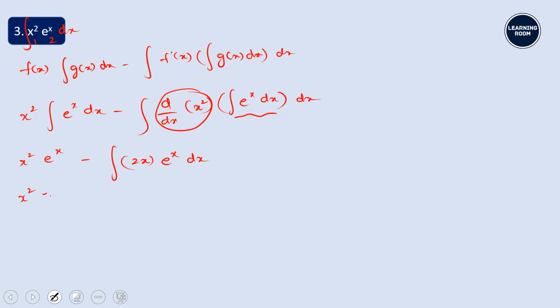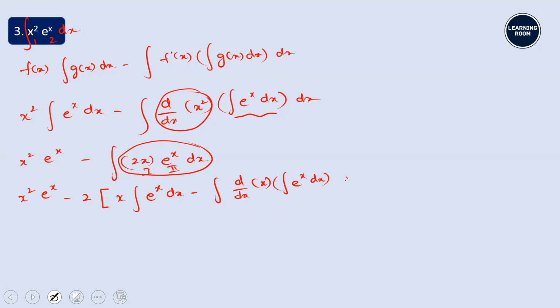Then you have x square e power x. Again, for this case, this will be first and this will be second. So minus 2 into, what will I have? First function into integral of second function minus integral of derivative of first function into integral of second function. So you have the answer as x square e power x minus 2 into x into e power x minus, here what will you have?